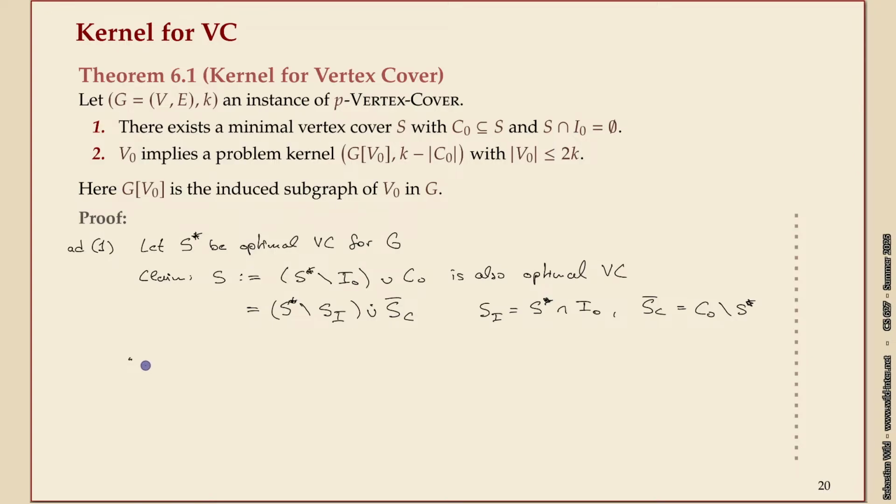So part one is S is a vertex cover. Let's try to prove that first. When we add more vertices from this S bar C, we will not uncover any edges. So the only potential problem could be the vertices that we remove, right?